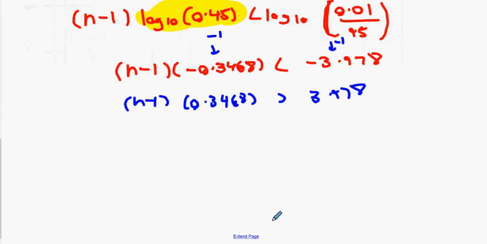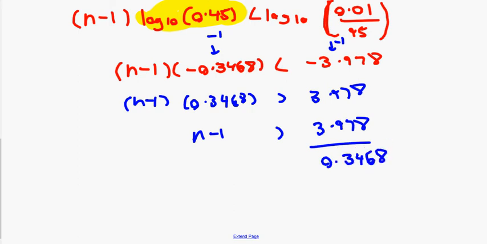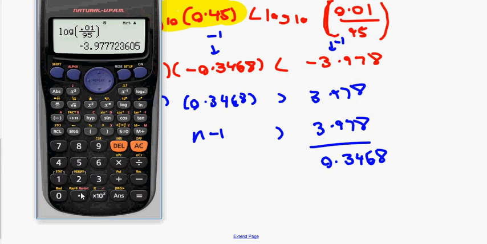Then what we get here is n minus 1 greater than 3.978 divided by 0.3468.